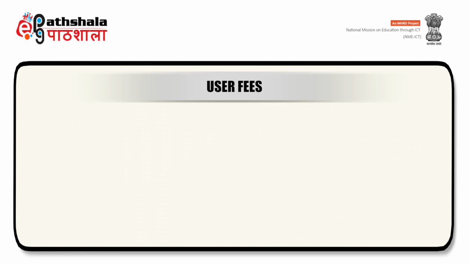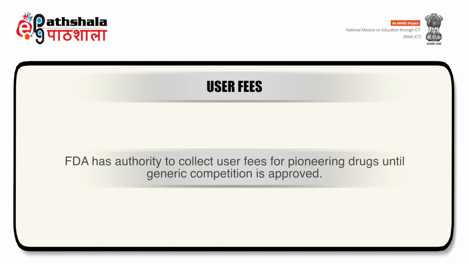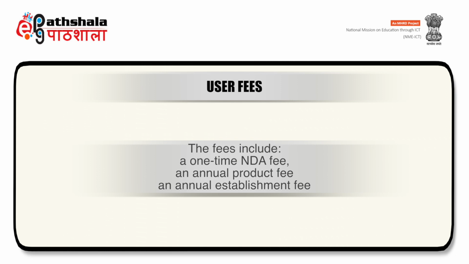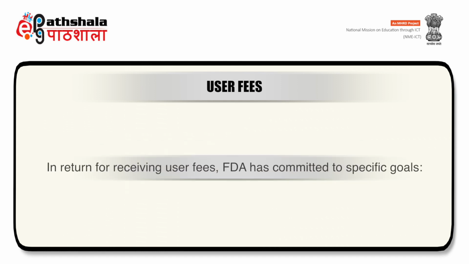Coming to user fees. The Food and Drug Administration has authority to collect user fees for pioneering drug until generic competition is approved, and the fees include a one-time new drug application fee, an annual product fee, and an annual establishment fee. In return for receiving the user fee, the Food and Drug Administration has to commit to specific goals.